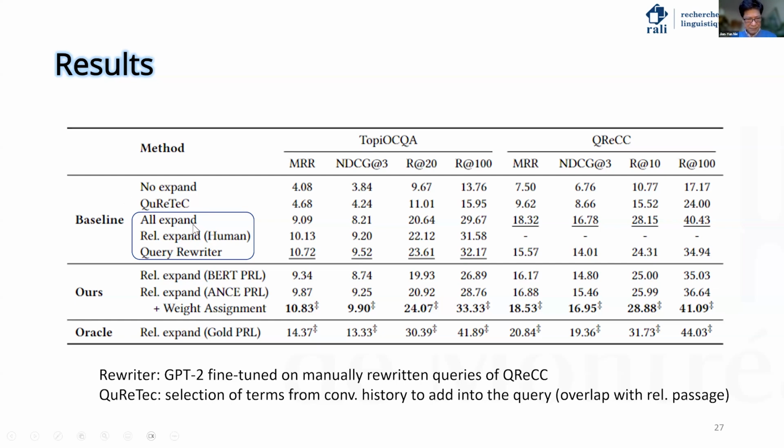And then we have this expansion method, expand with all the previous terms, and with relevant terms, where the relevant terms are annotated by human beings. So this is only available in the TopiOCQA dataset.